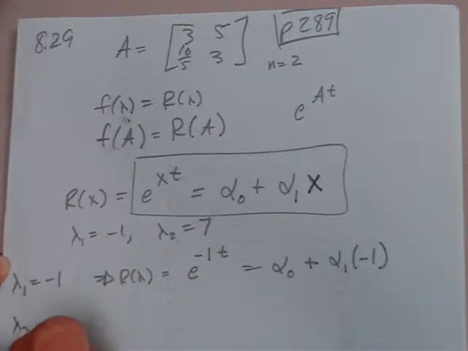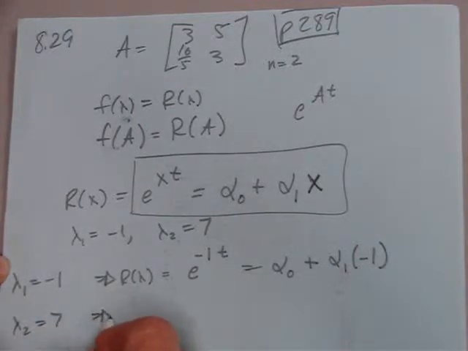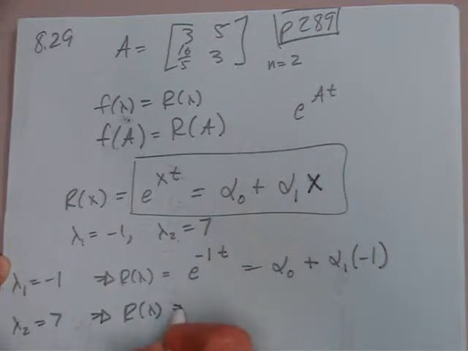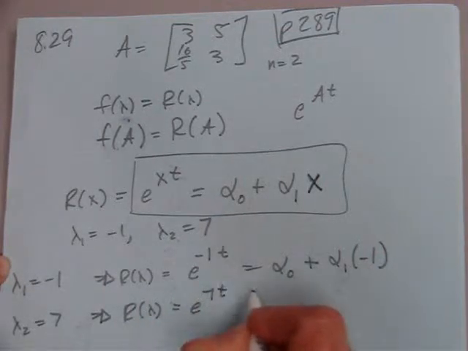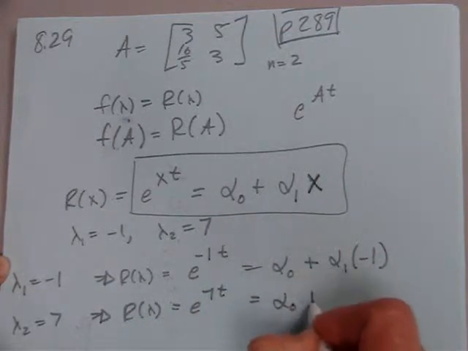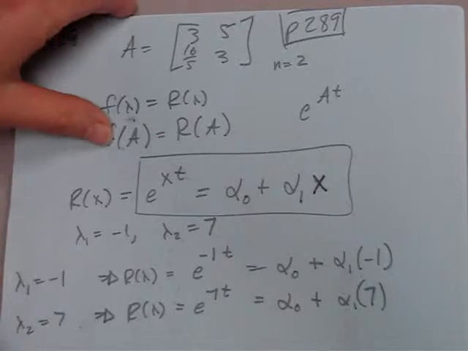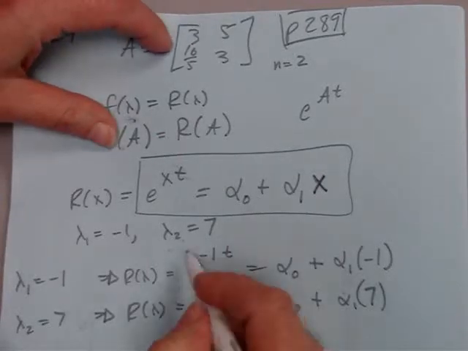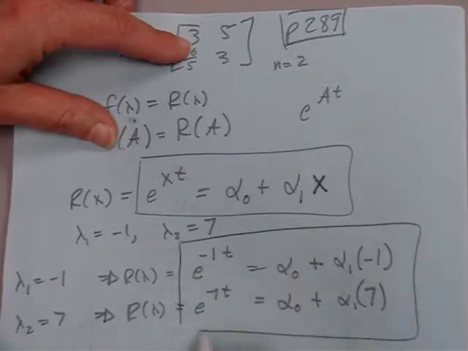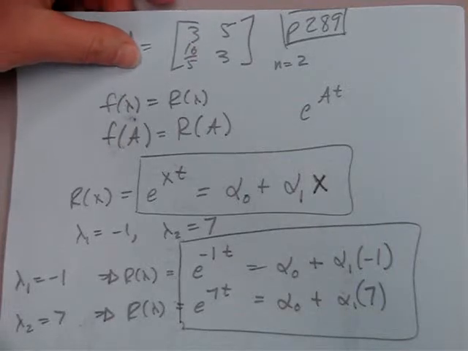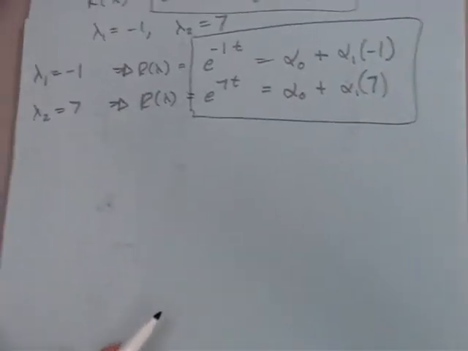Now for lambda 2, which is 7, r of lambda, e to the 7t equals alpha 0 plus alpha 1 times 7. Alright, so we just need to solve these two equations now for alpha 1 and alpha 0.